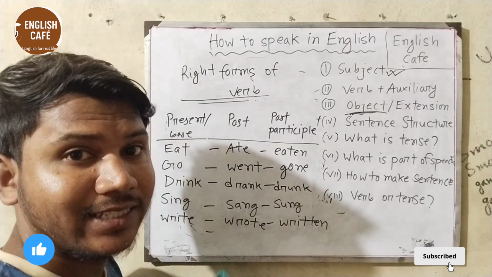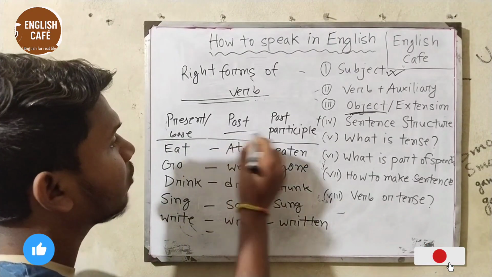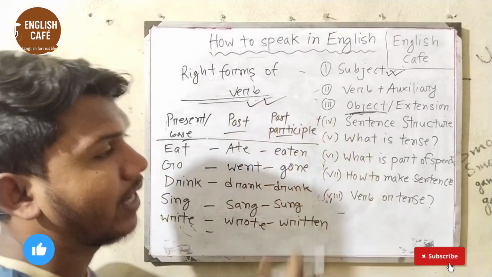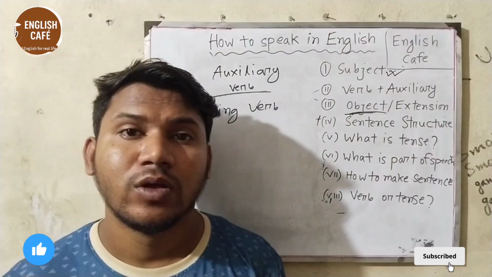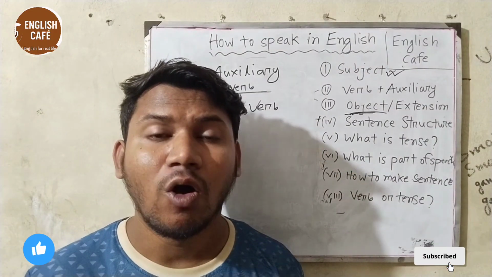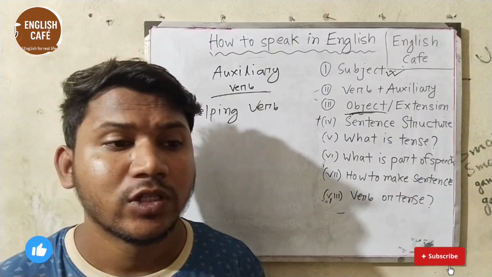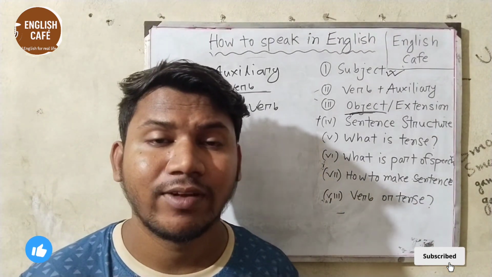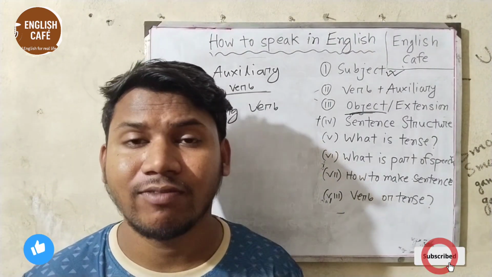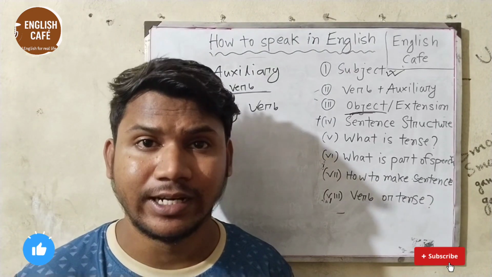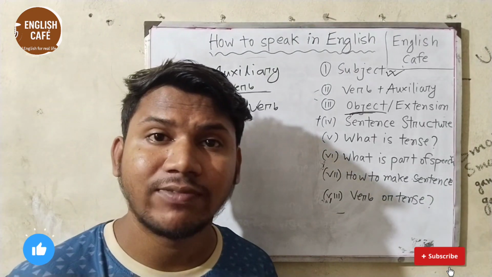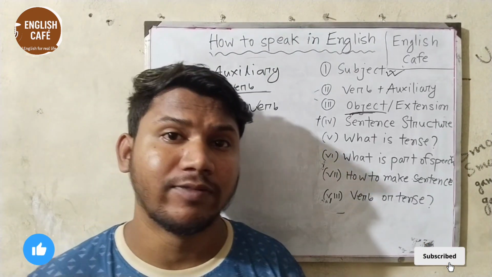So these are the examples of several forms of verb we have just seen. Okay. So now we will discuss auxiliary verbs. Auxiliary verb is also known as helping verb. So there are 2 types of auxiliary verb, that is primary auxiliary verb and another one is modal auxiliary verb. So what is primary auxiliary verb and what is modal auxiliary verb?